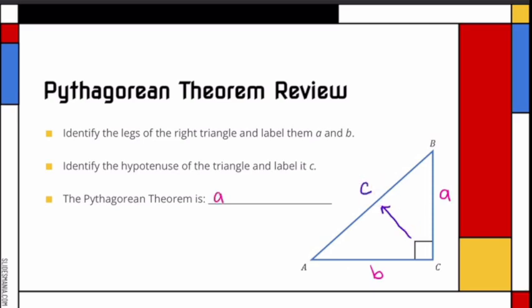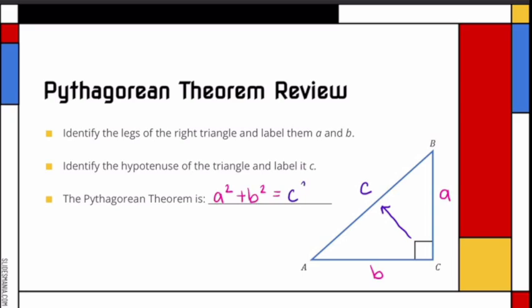I always tell my students to look for C first, just because it helps them make sure that they're not labeling the wrong sides. As long as you find the right angle and then go to the side across from it, that'll be C. And again, remember, Pythagorean theorem is A squared plus B squared equals C squared, okay? So just a quick little review.